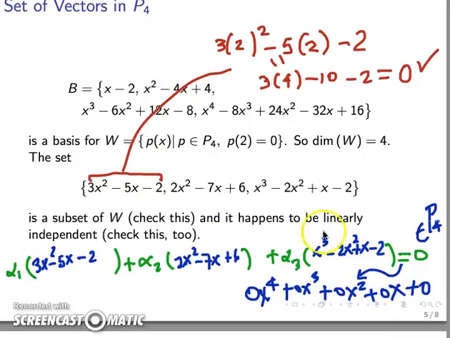So when you work your way on the left side of this relation of linear dependence and you equate the left side to the right side, you're going to end up using the definition of equality in P sub 4, which will imply that you'll have to equate each of the coefficients corresponding to each corresponding power, okay? And that will lead to a set of equations that you can solve with RREF, a set of equations that will be considered a linear system of equations.